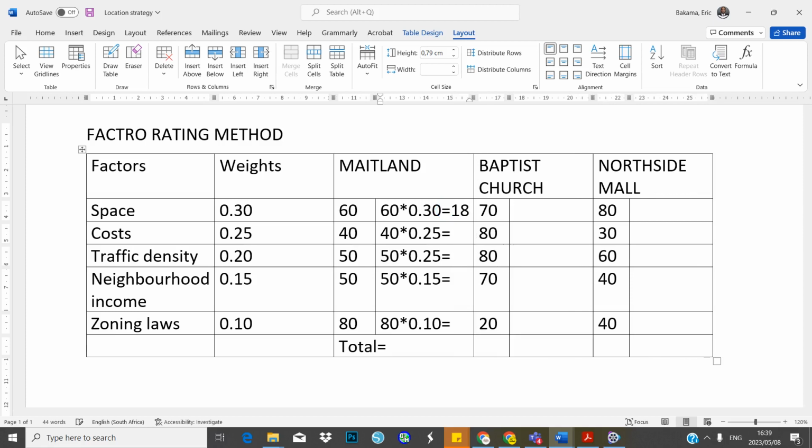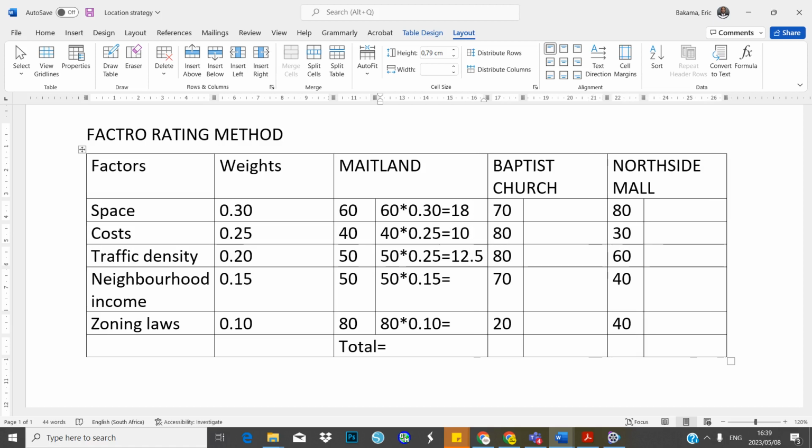Then 40 times 0.25, which gives me 10. Then 50 times 0.25, which gives me 12.5. Then 50 times 0.15, which gives me 7.5. And then 80 times 0.1, which gives me 8.